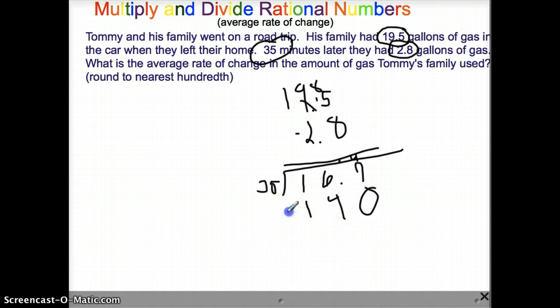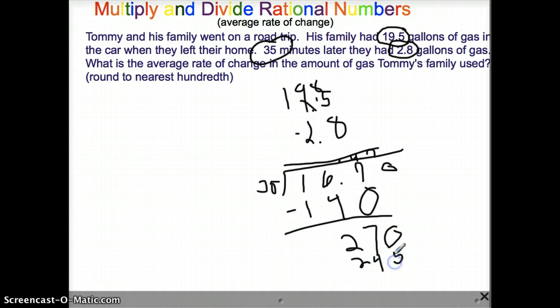Then subtract, that would be 27. And then we need to remember to bring down our 0, make another 0 and bring it down. And 35 can go into 277 times, and then that would equal 245.